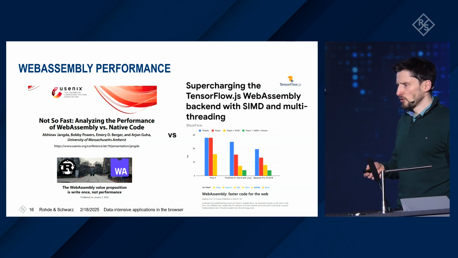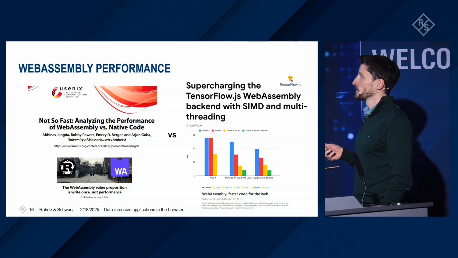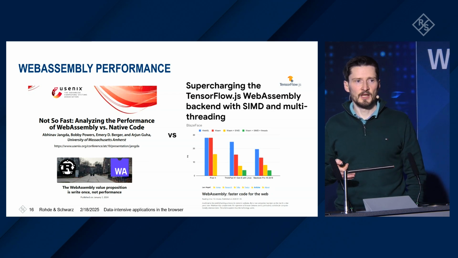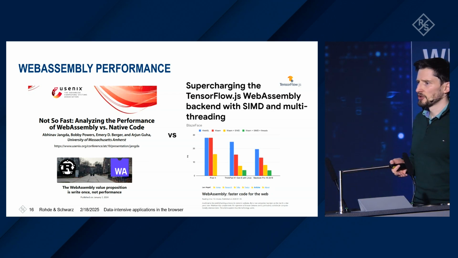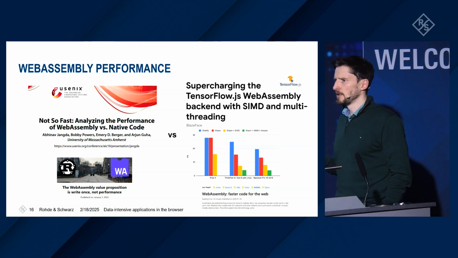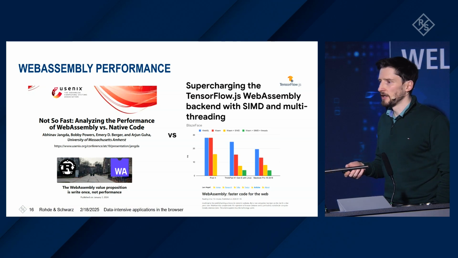So you have some blog posts and some papers which are saying it's not that fast. For example, on the WebAssembly page, it says it's only 10% slower than a native application. But in this paper, I think it's about 40% slower for their specific applications.